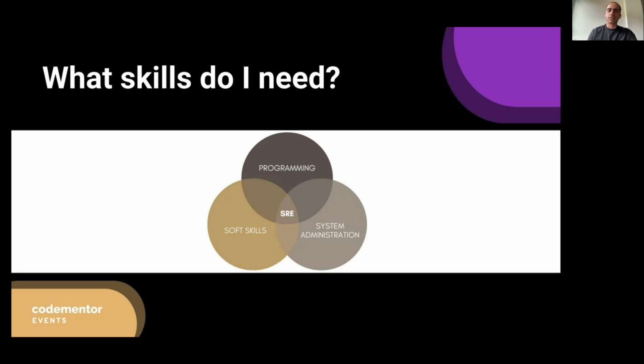So that's where soft skills come into play. And I would argue that soft skills are mandatory for SREs, right? The other two, you can have a balance. You may be really good at programming and okay-ish at system administration, or the other way around, which is fine. But soft skills are an absolute must, right? So it's very unlike other technical roles.